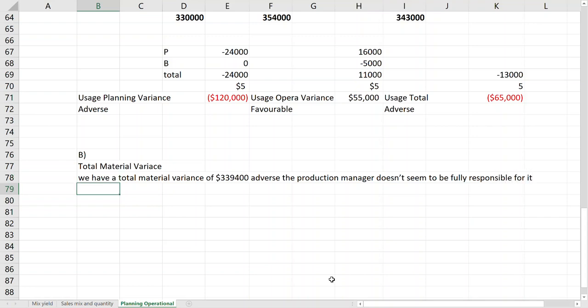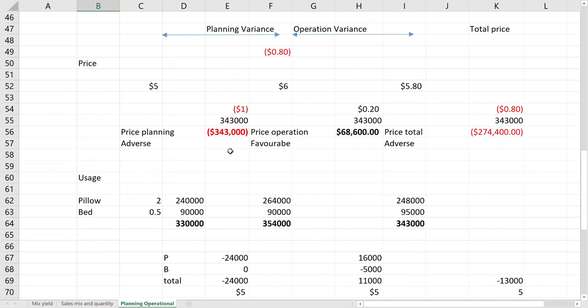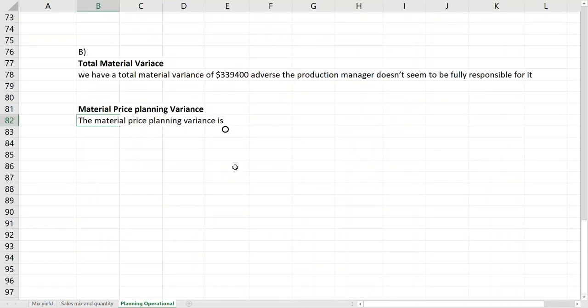Why? If we look at the breakdown of the variance, we have material price planning variance. The material price planning variance is how much? 343,000 adverse.